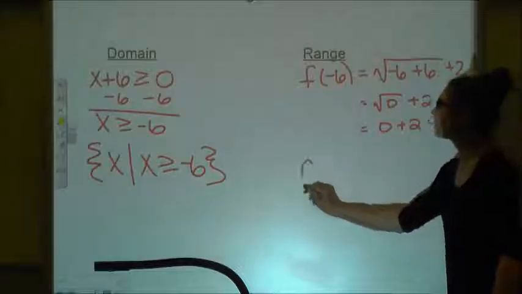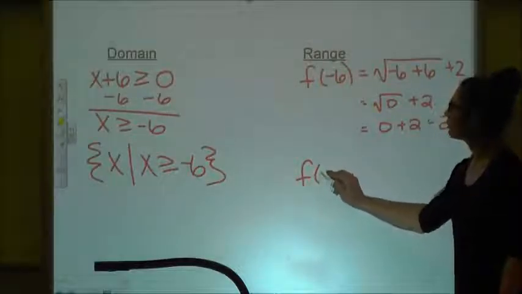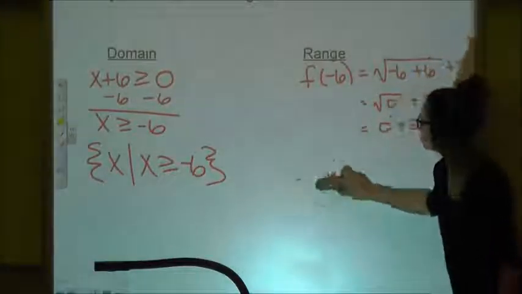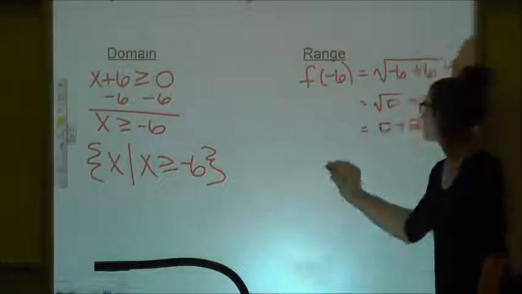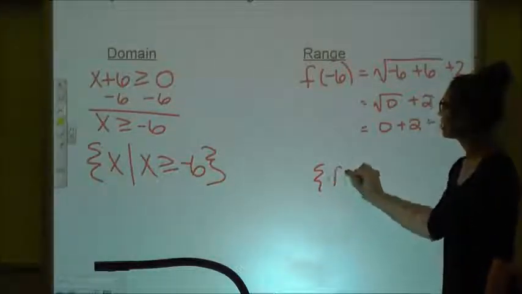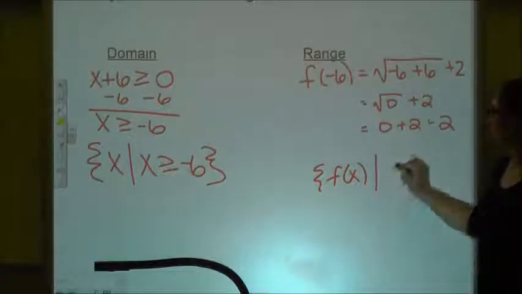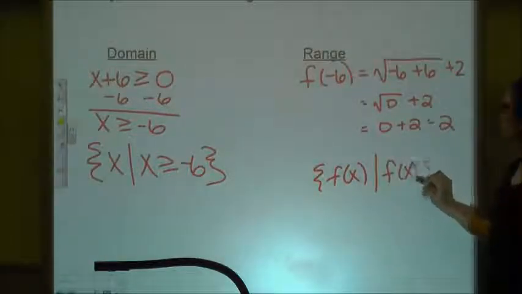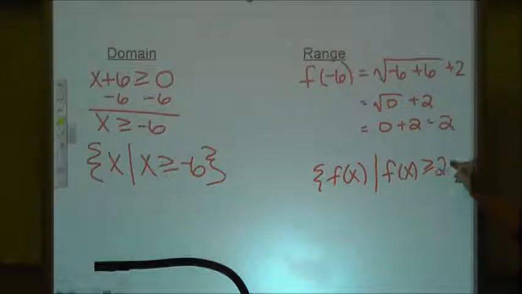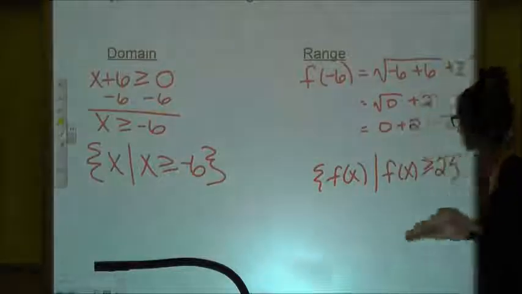Once again, just write it in the notation they want. You have brace f of x, and then line f of x is greater than or equal to 2, and close your brace. That's an ugly brace. It looks like a 23.